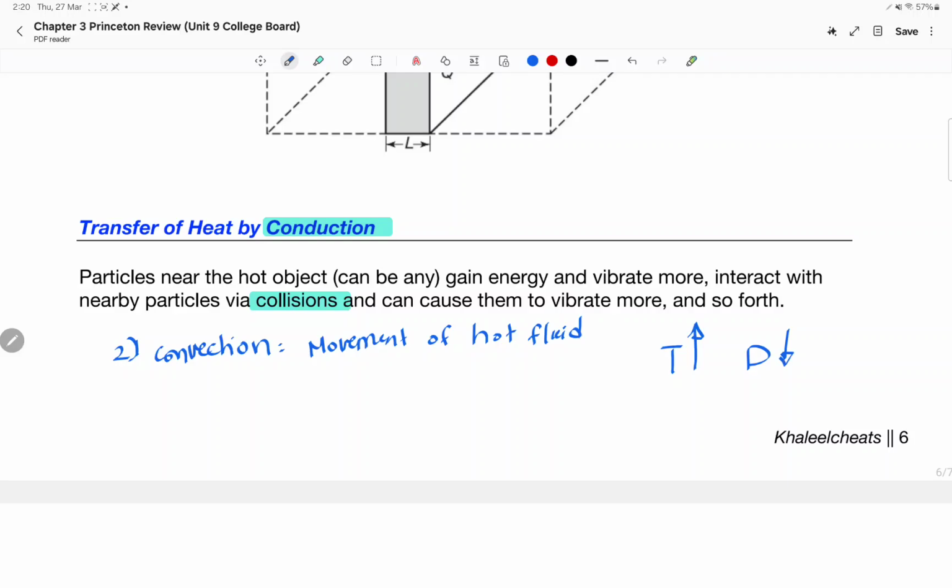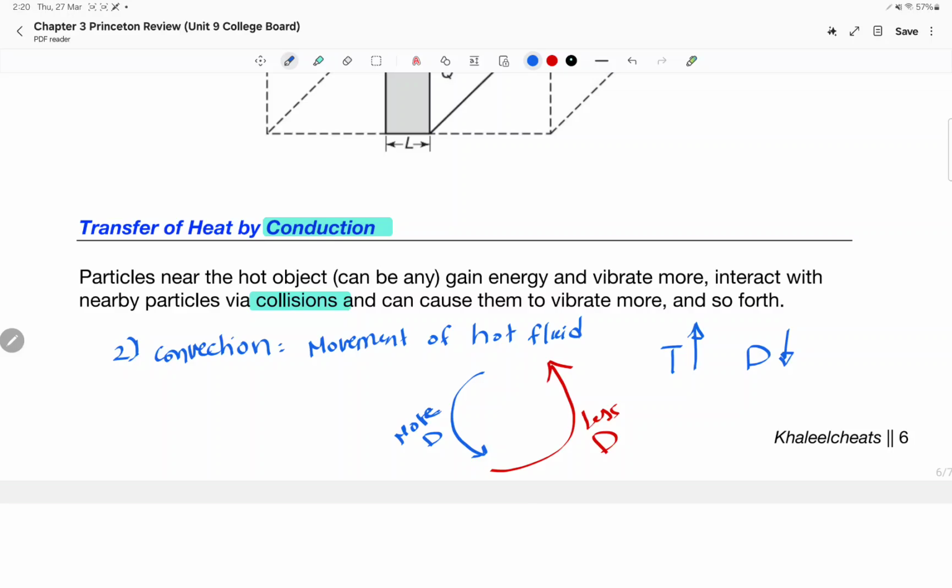That means the hotter air is going to rise. And as the hotter air rises, it will get replaced by the colder air because the colder air has more density. So the hotter air has less density, but the colder air has more density. And this will keep happening until the entire room is hot.